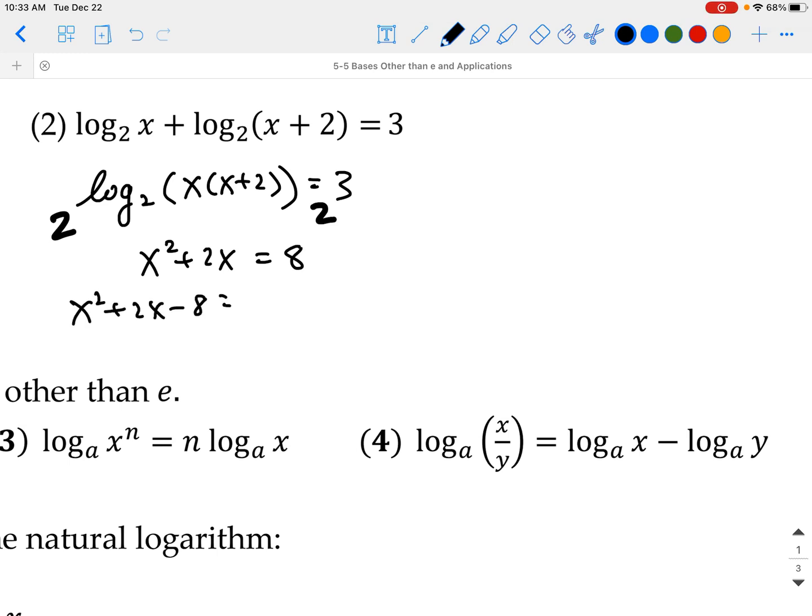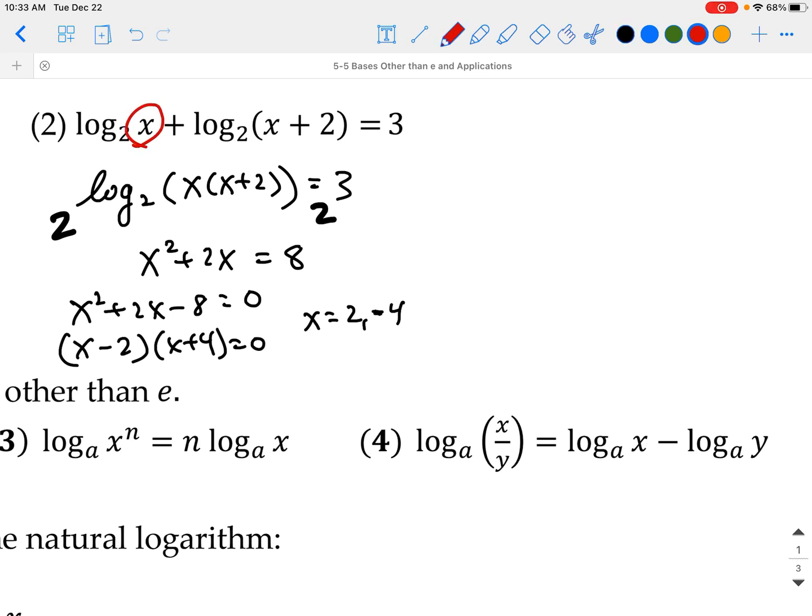So then x squared plus 2x minus 8 is equal to 0. And now we've got a quadratic. So that looks like it's going to be x minus 2 times x plus 4. Let's see. Yep, I think that works. So x is equal to 2 and negative 4.